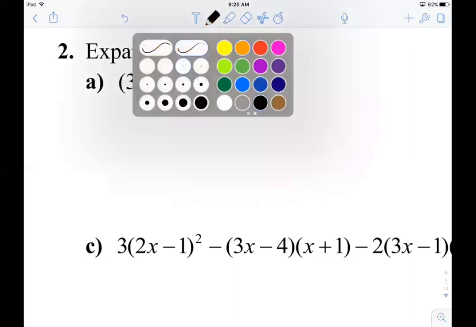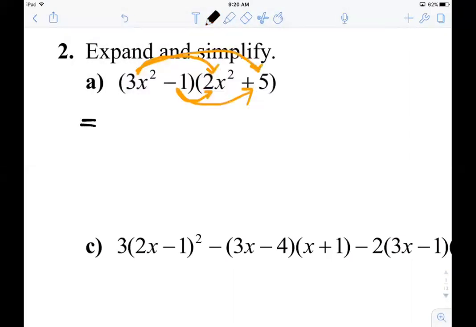So what does that really mean? Well, 3x squared multiplied by 2x squared is 6x to the power of 4. And then we would have plus 15x squared, and then minus 2x squared, and then minus 5.